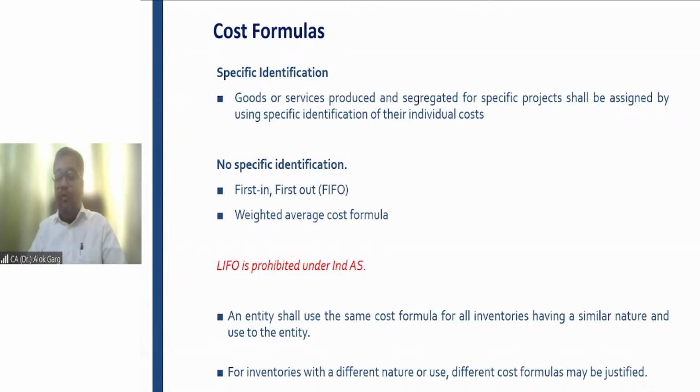So let me explain what is the meaning of specific identification. Friends, if you went to the stockyard of automobile companies like Maruti, Tata, Hyundai, Skoda, you will find hundreds of cars in the stockyard. All white color Maruti Swift cars in the stockyard, right?